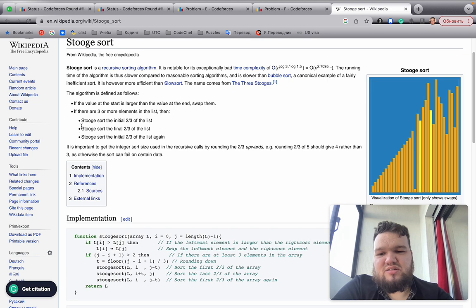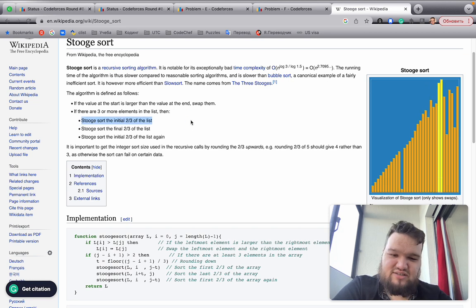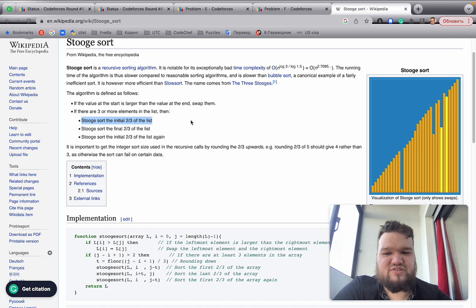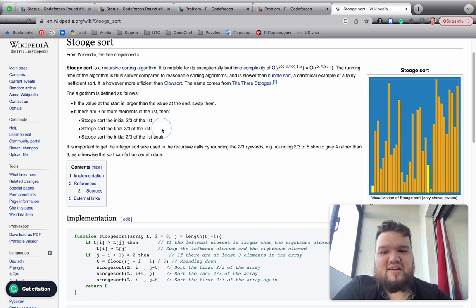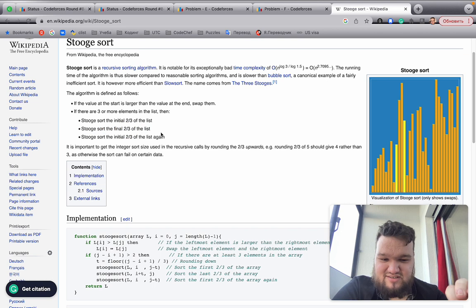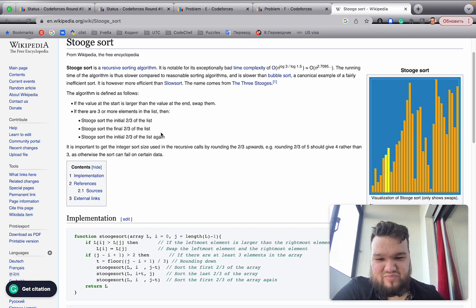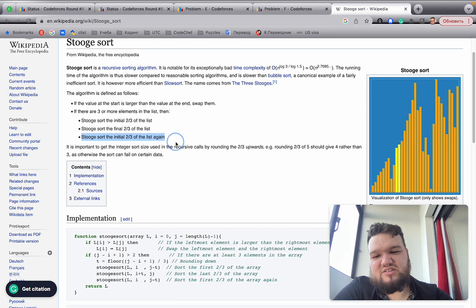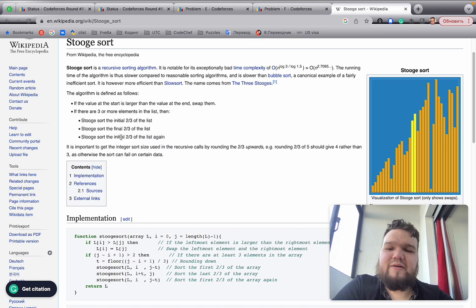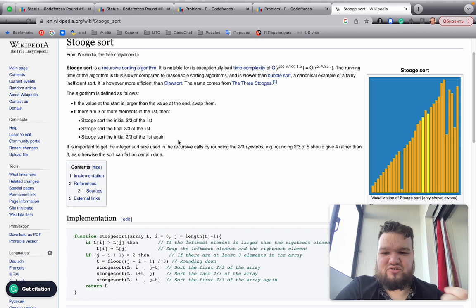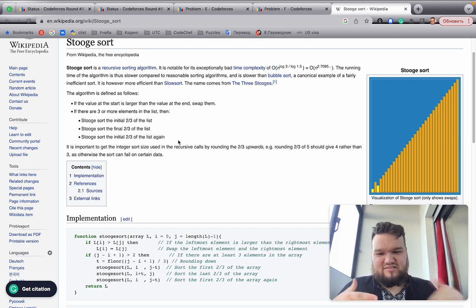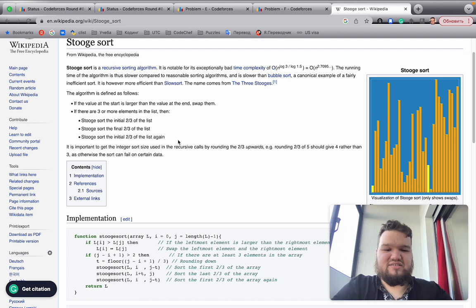So after the first operation, the largest elements are in the last 2/3. Then after we sort it, they will be at the end, on the correct positions. So when we recursively sort the first 2/3 again, we will get a sorted array, because the last third is correct, and then we just sort all that remains.